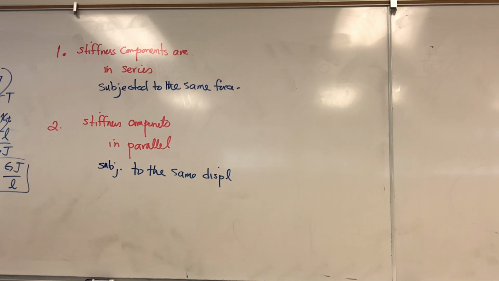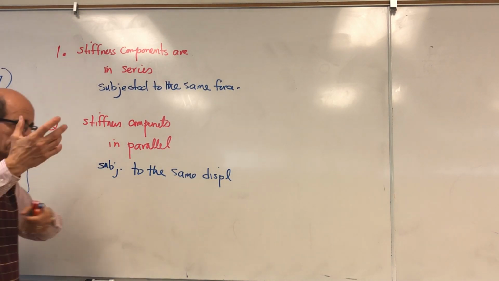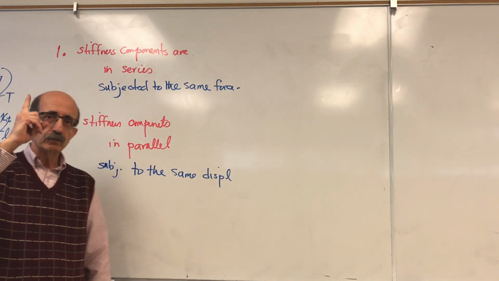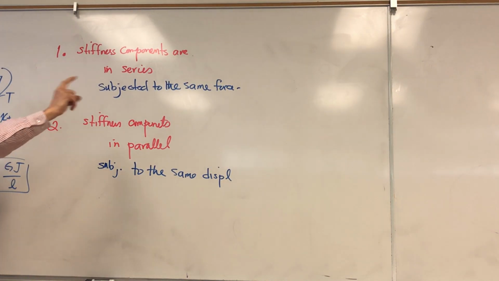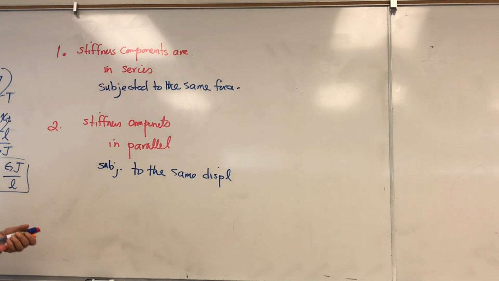Or if you have rotating machinery with all these bearings and supports, can you come up with one single spring for that single degree of freedom system that would do the same job as all these bearings and supports combined? That's what we want to do.